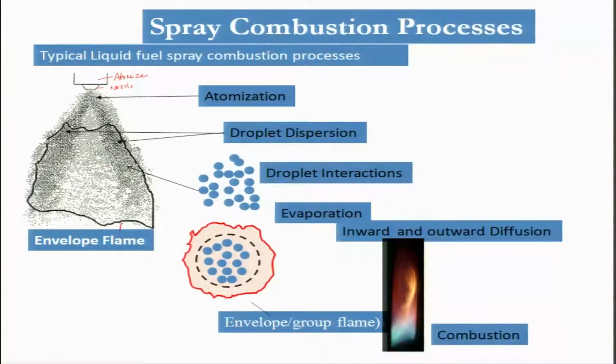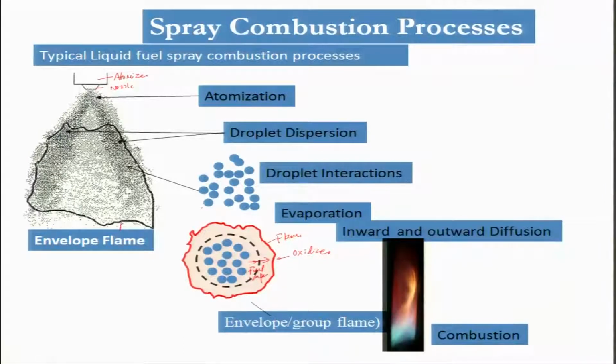If you look at it, there might be a situation where there are several droplets very close to each other, and together they will give some vaporization, and then the oxidizer will be coming over here, and this is the fuel vapor, and a flame will be formed, right, and this is known as group combustion or group flame.